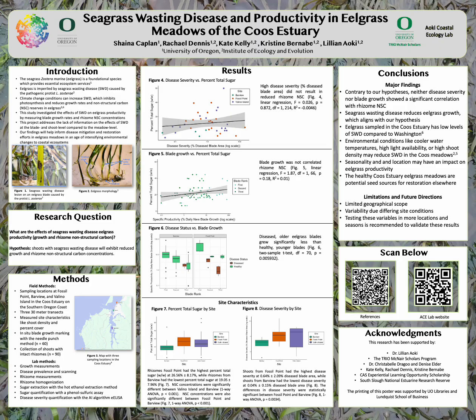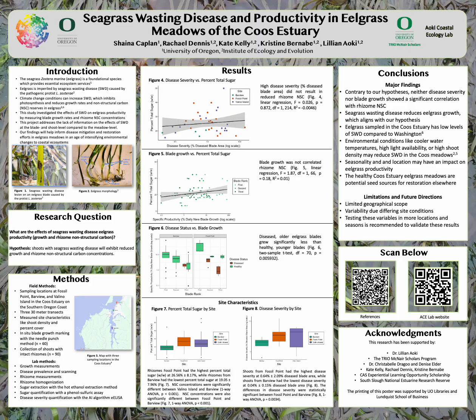And finally, Figures 7 and 8 demonstrate slight differences in sugar concentrations and disease severity. In Figure 7, we can see that there were significant differences in rhizome sugar concentrations between Barview and Valino Island, and also between Fossil Point and Barview.